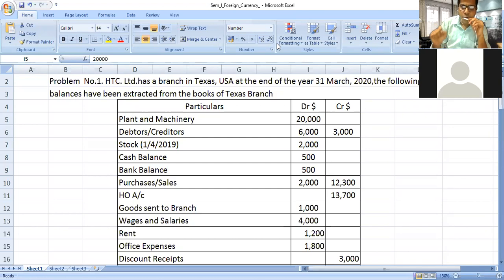They do not depend on the head office. Such a branch is called a non-integral branch, and their foreign operations are called non-integral. An integral branch is a dependent branch; it depends on the head office.